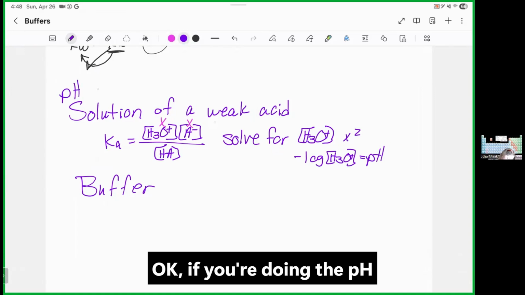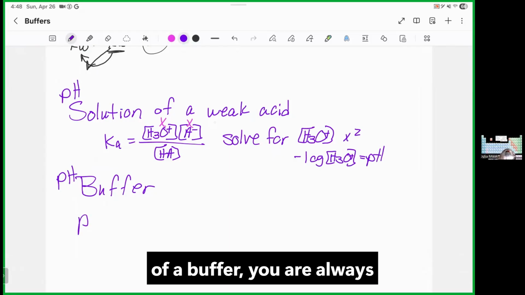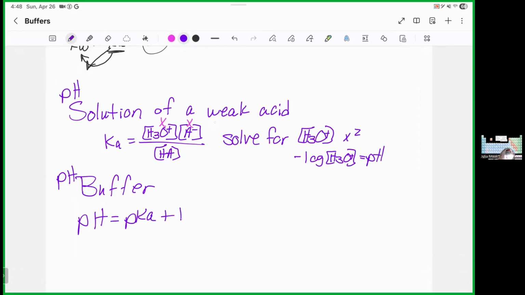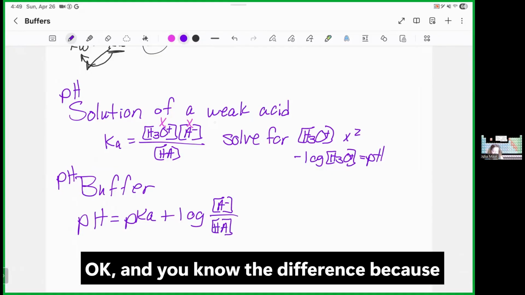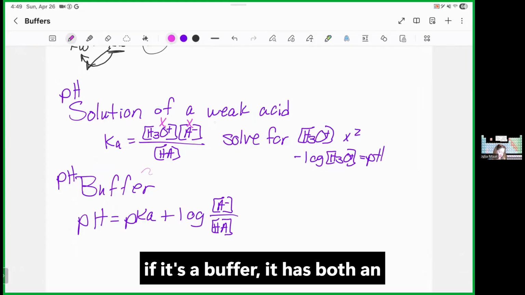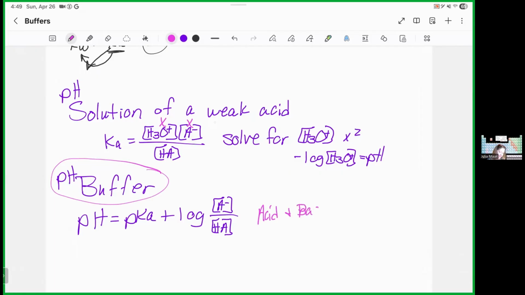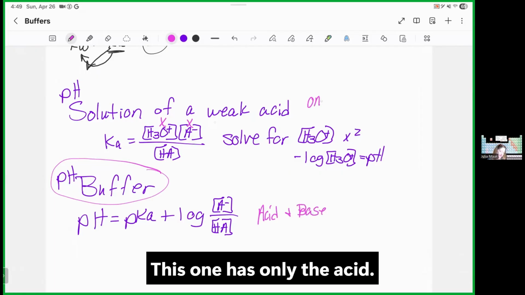Okay, if you're doing the pH of a buffer, you are always, always, always using the Henderson Hasselbalch equation. And you know the difference because if it's a buffer, it has both an acid and a base in it. This one has only the acid.